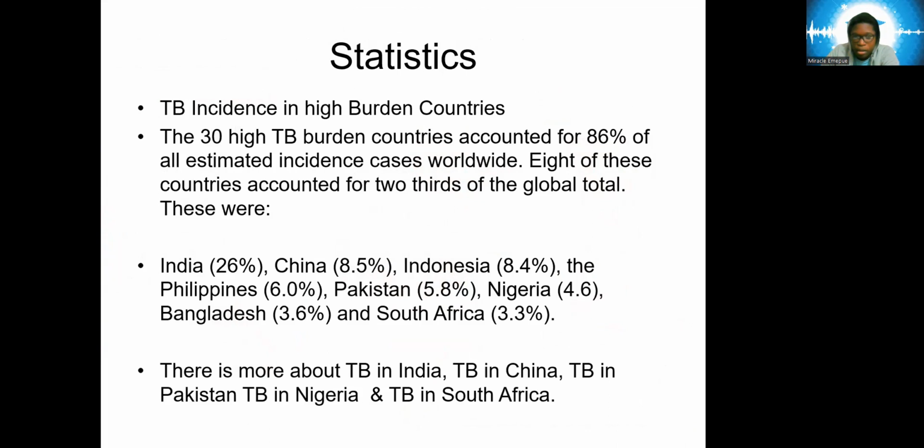These were India, 26%, China, 8.5%, Indonesia, 8.4%, the Philippines with 6%, Pakistan, 5.8%, Nigeria, 4.6%, Bangladesh, 3.6%, and South Africa, 3.3%. There is more about TB in India, TB in China, TB in Pakistan, TB in Nigeria, and TB in South Africa.